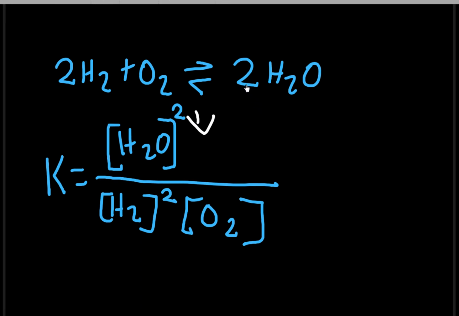So in this case, there's 2 moles, so we square it. And we put that over the reactants, every single reactant, and do the same thing with the exponent, move all the moles to the exponent of the reactant. So in this case, O2 has no exponent, so we just put that, and H2 has an exponent or a mole number of 2, so we put the 2 there. So our K is equal to [H2O]^2 over [H2]^2 times [O2].